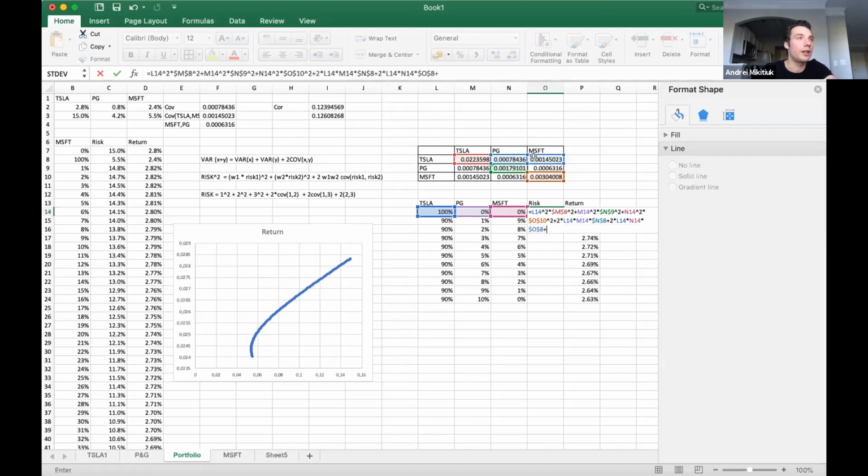And the final one, 2 times Procter & Gamble weight, Microsoft weight, and their covariance. And we are done.